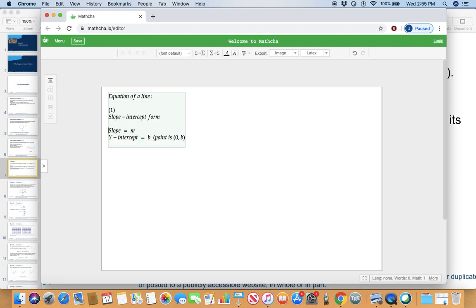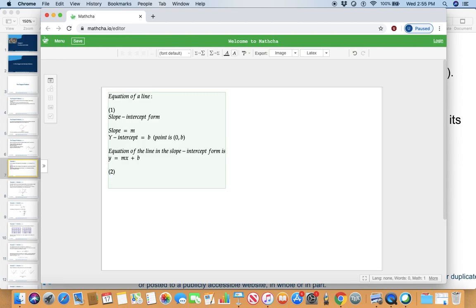Then the equation of the line in slope intercept form is y equals mx plus b. Slope, y-intercept, hence the name slope intercept form.